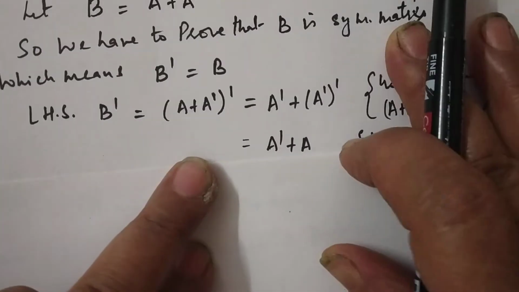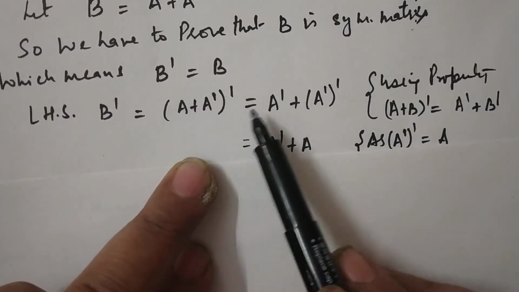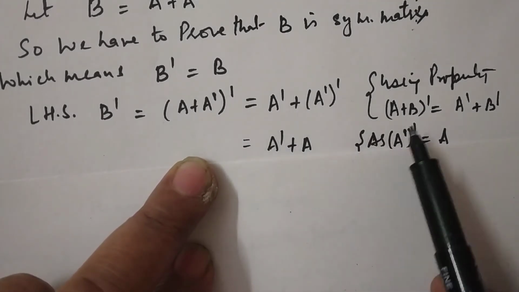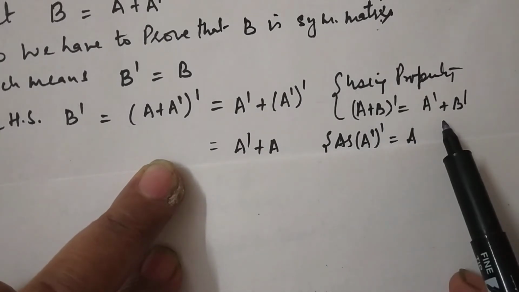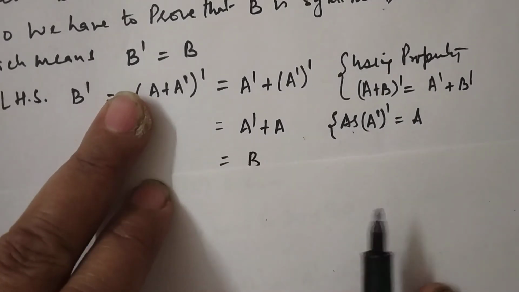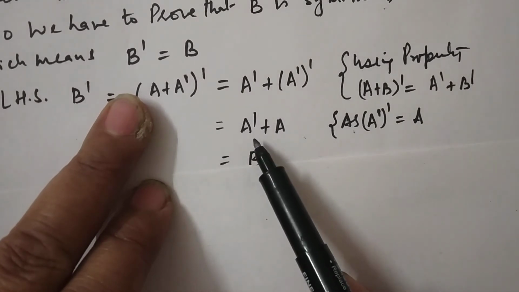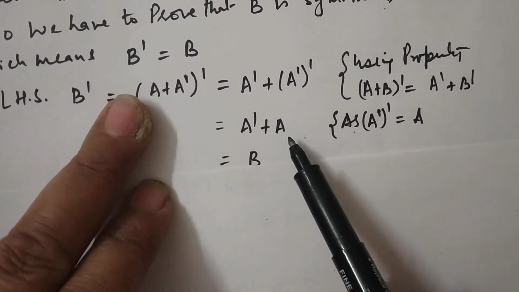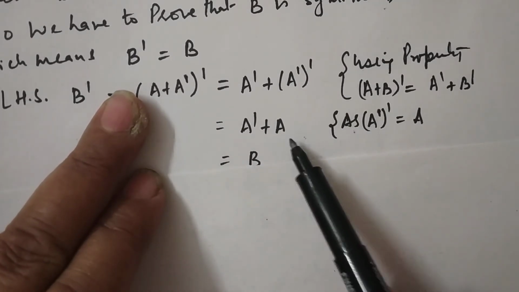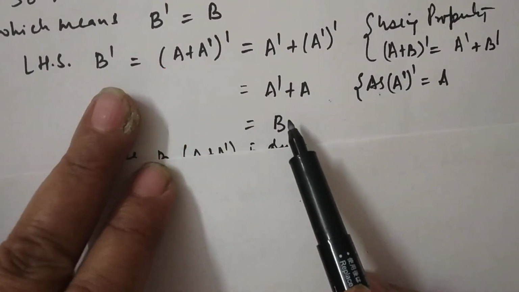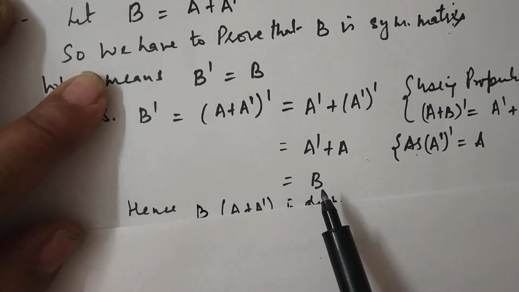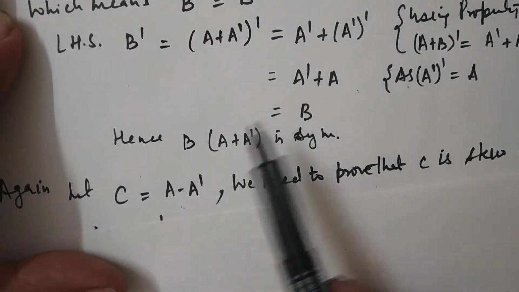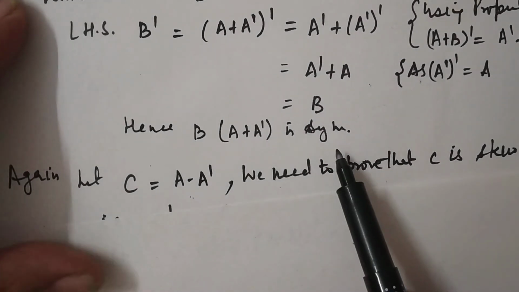Now open it, and it will be A transpose plus transpose of A transpose, using the property A plus B whole transpose equal to A transpose plus B transpose. Again, A transpose remains the same here, and transpose of A transpose is again the original matrix A. And what was my A plus A transpose? Which was here B. So thus we can say that B, A plus A transpose, is symmetric.